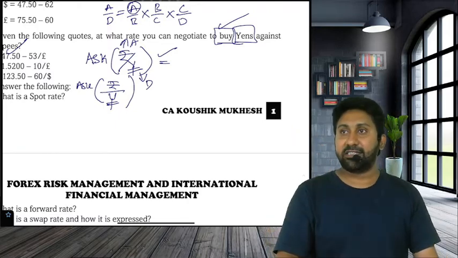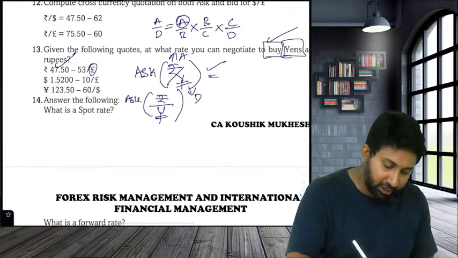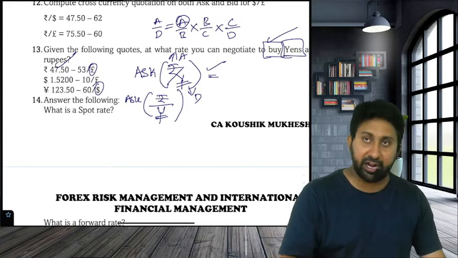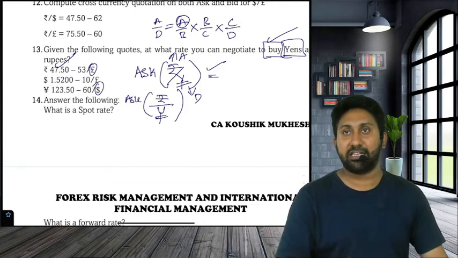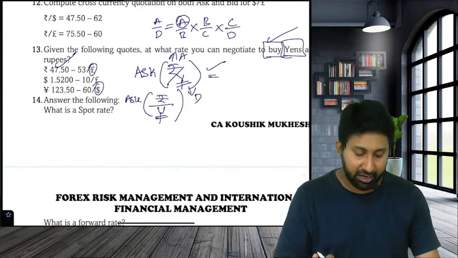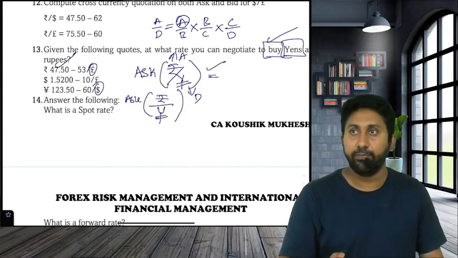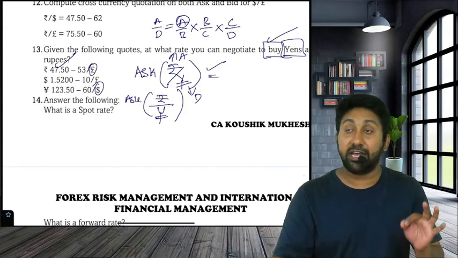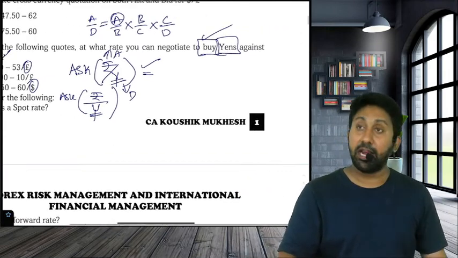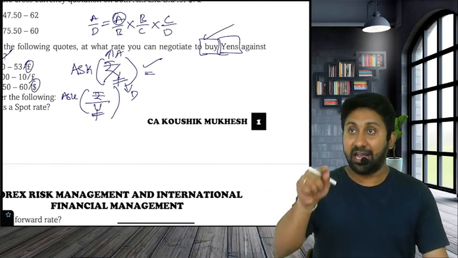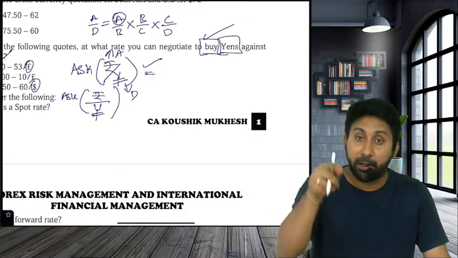Now the question arises, sir, here there are two currencies, pound and dollar. Yen dollar are traded with each other, pound dollar are traded, rupee pound also traded. What should I take as B is the question. Always take as B that currency which gets repeated multiple times on the per unit side.